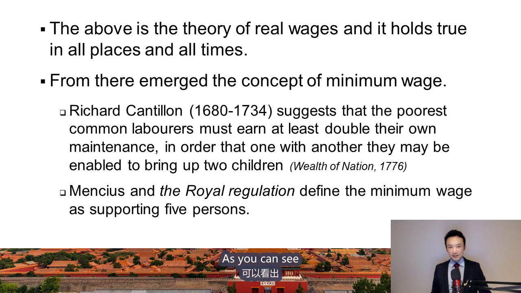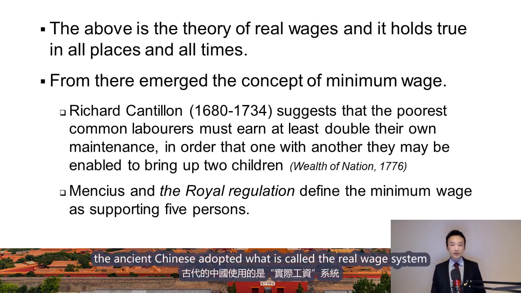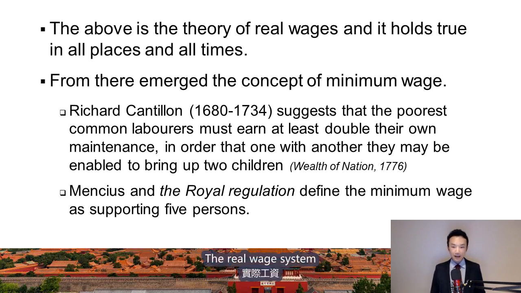So, as you can see, in measuring the productivity of farmers, the ancient Chinese adopted what is called the real wage system. And there's a word for it in modern economics: the real wage system.